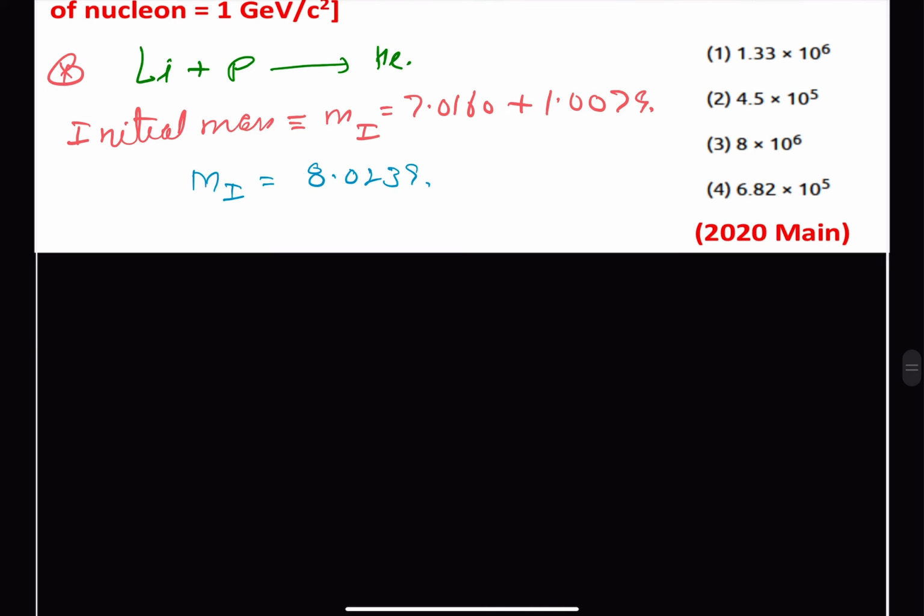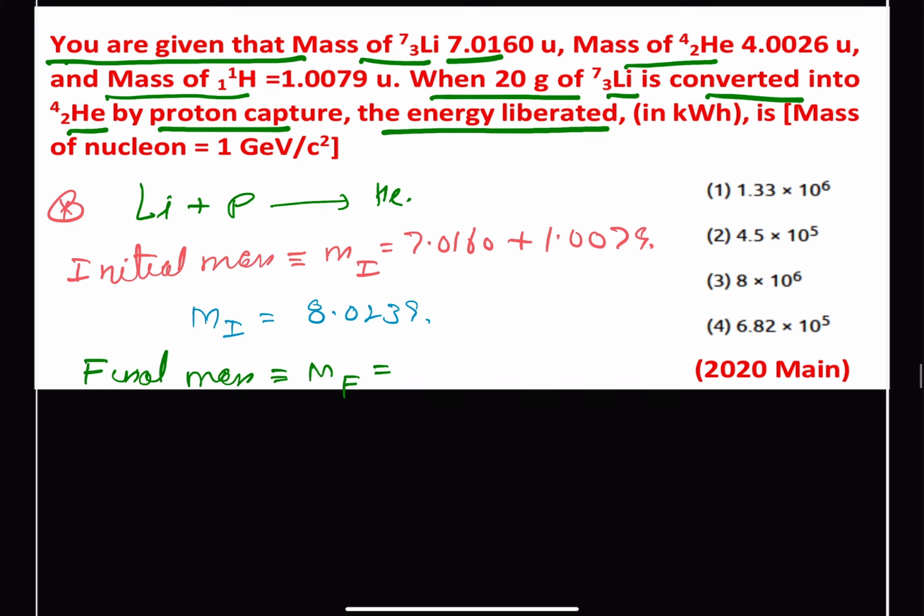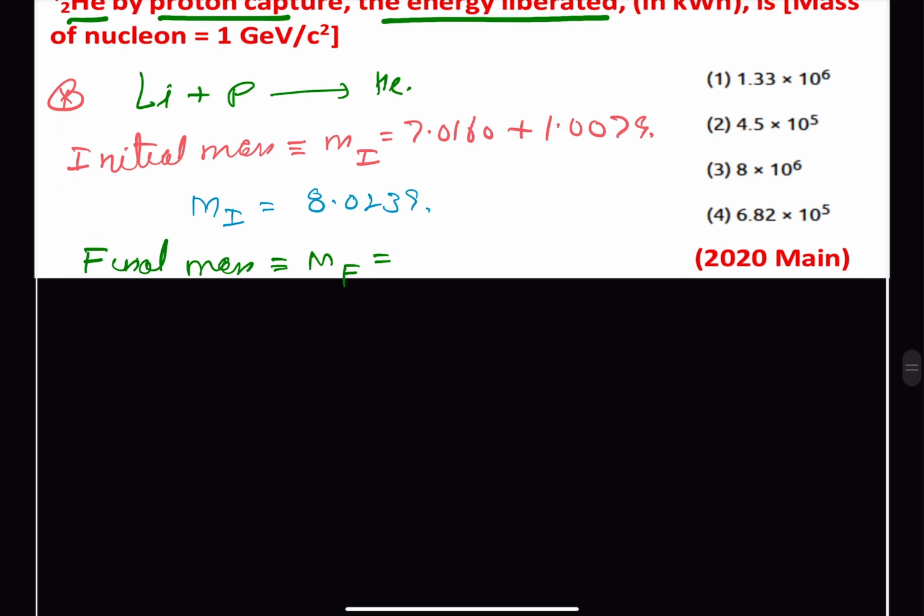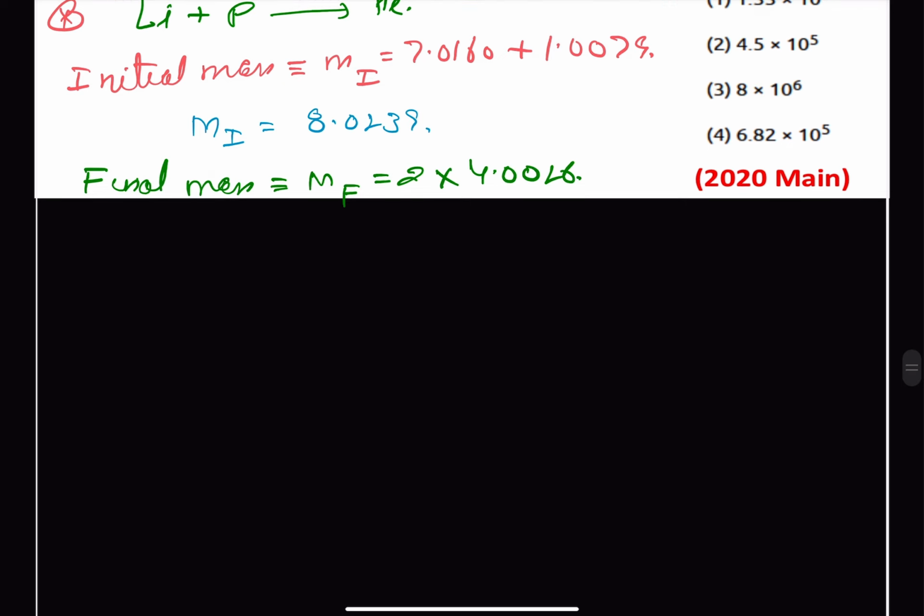And from here we get our final mass. Let us call this MF, which will be equal to, and this is our helium, 2 times 4.026. So we get our final mass will be equal to 8.0052.